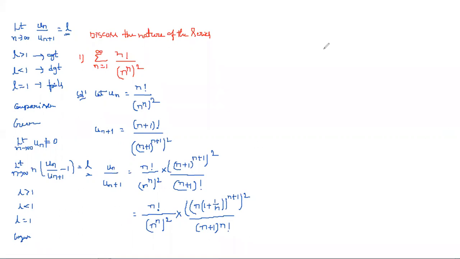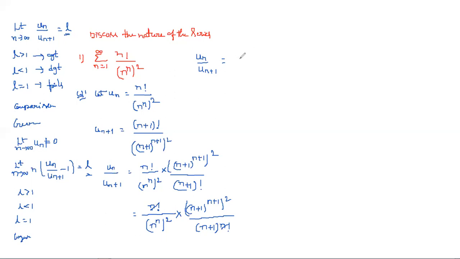To make it easier, without doing that, write an asterisk first: ((n plus 1) whole power (n plus 1)) whole square. So un by un plus 1 is equal to, if you observe, n factorial and n factorial both will cancel.